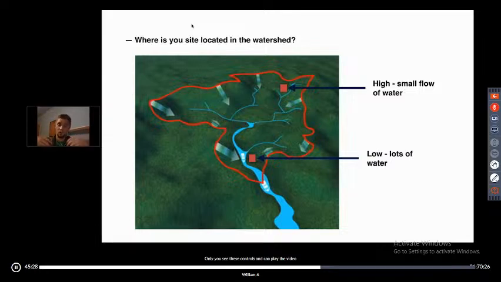Rainfall dropping onto the landscape goes down under the influence of gravity, and it's totally different depending on where your house is located. You need to be aware of where your site is located within that watershed, because if you're high in the watershed, you'll have a small flow of water. If you're low in the watershed, you'll have lots of water coming to your site. So the first is your annual average rainfall, and then where your site is located in the watershed.